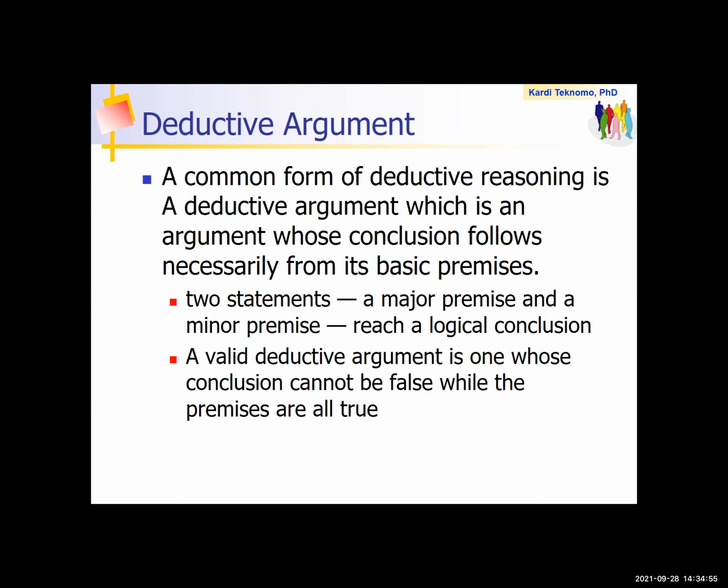Now, how do we know that this deductive reasoning is valid? A valid deductive argument is one whose conclusion cannot be false while the premises are all true.